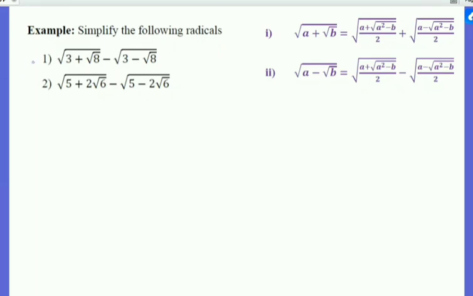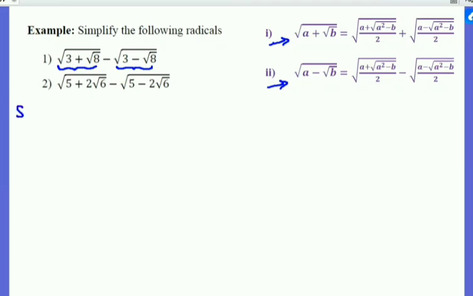For example, the first one we are asked is radical 3 plus radical 8 minus radical 3 minus radical 8. These radicals have exactly this form and this form. When we consider the first one, in place of a you can take 3, in place of b you can take 8.